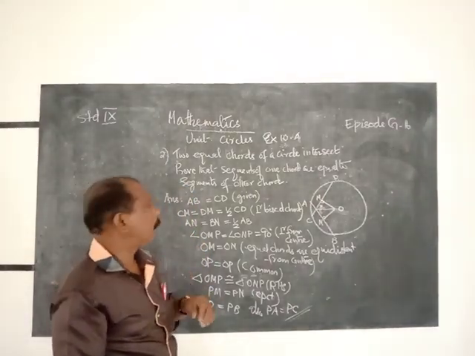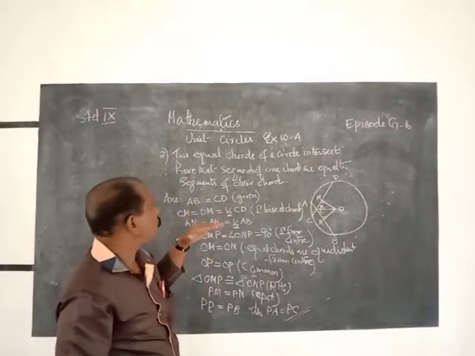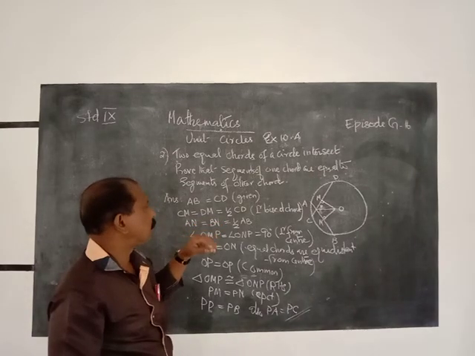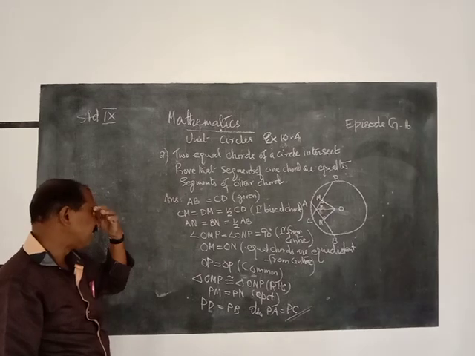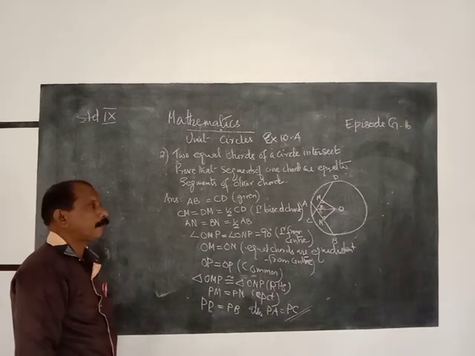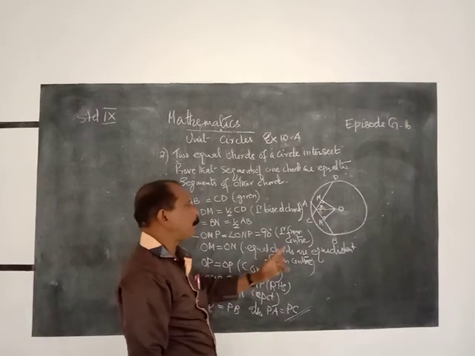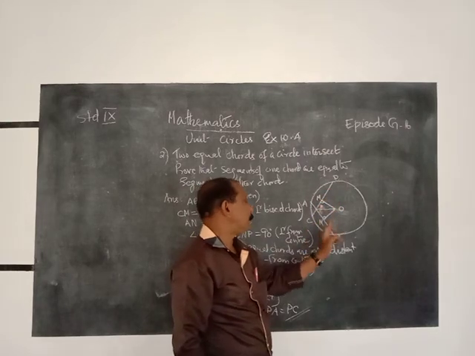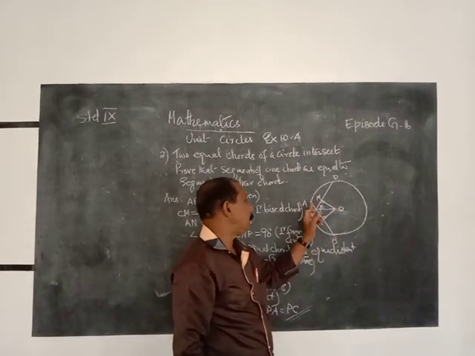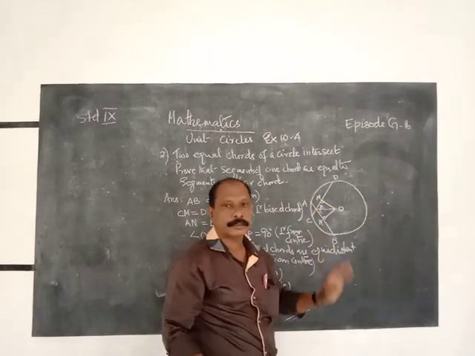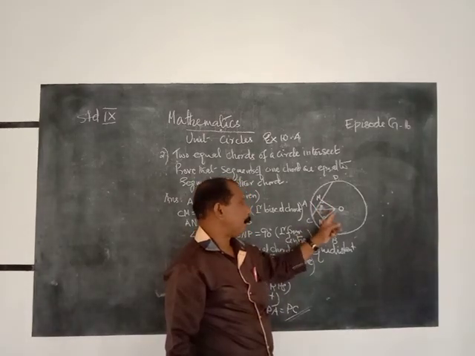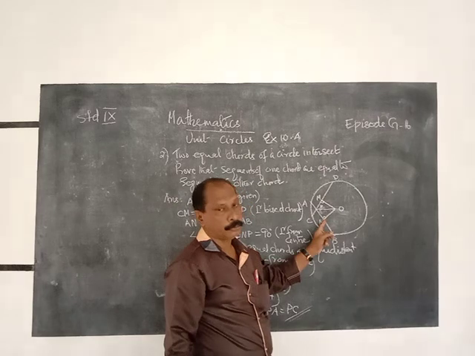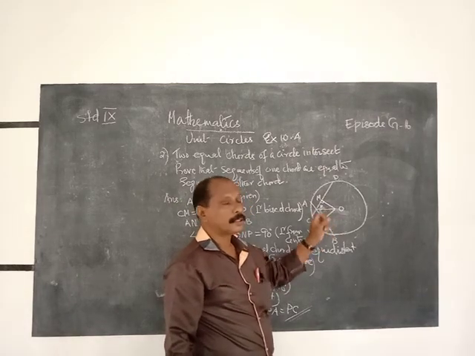Once again, the answer. Question is, two equal chords of a circle intersect, prove that the segments of one chord are equal to the segments of the other chord. That means we can prove that PD is equal to PB and PA is equal to PC. That is the answer. Then OM is perpendicular to the chord, OP joins.